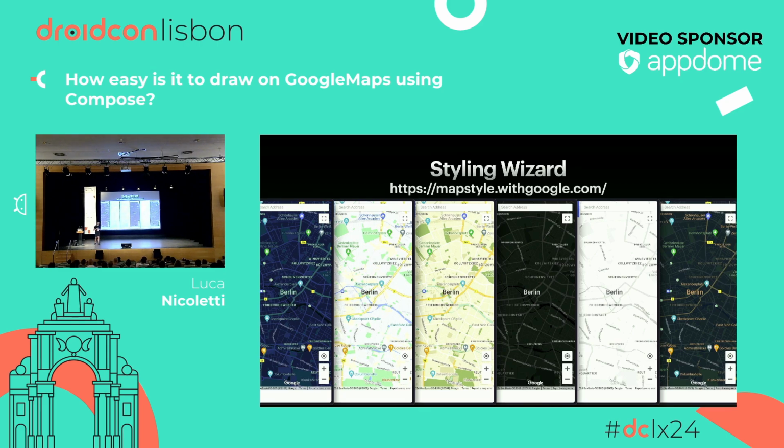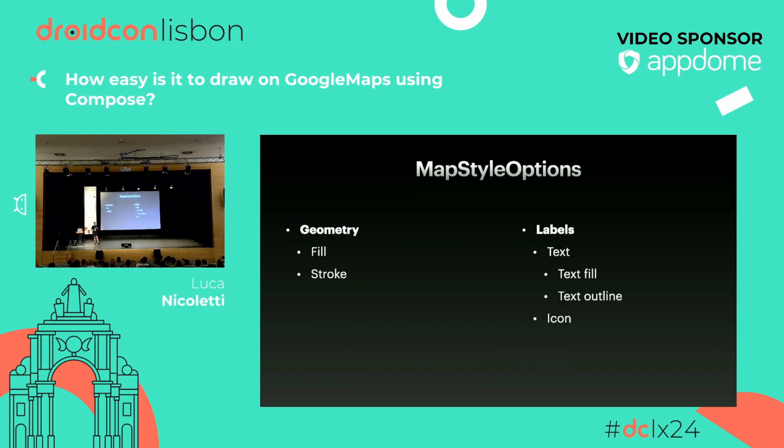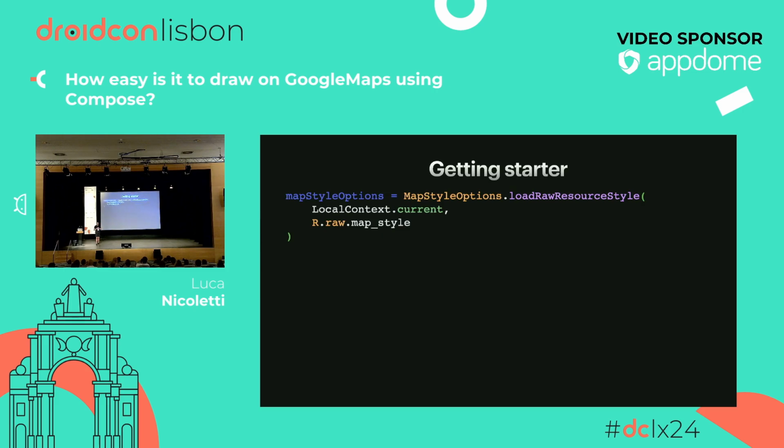We have a lot of options: administrative, landscape, points of interest, road, transit, and body water. And for every single one of them, we can customize the fill and stroke color and the text as well. Once you're done with the wizard, you can export a JSON file and import into your project, into the raw folder, and load it using the map style option, load raw resource style, providing the context and the file itself.